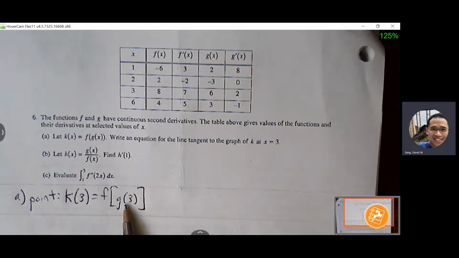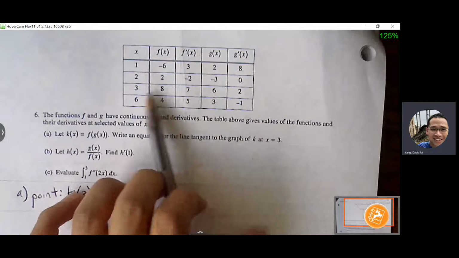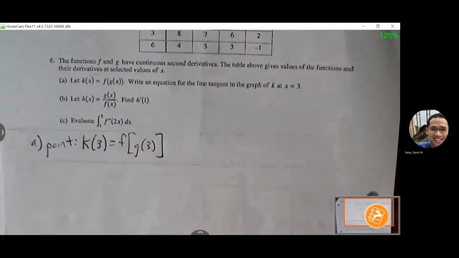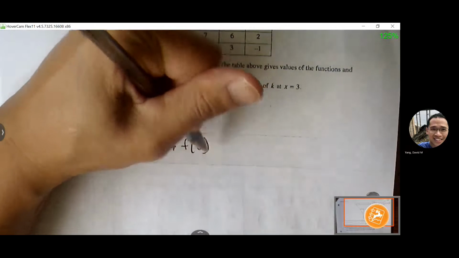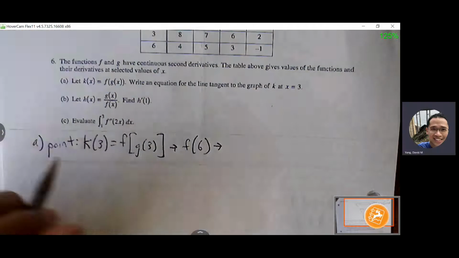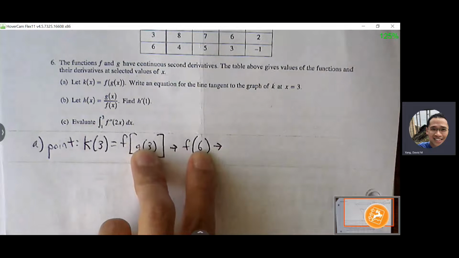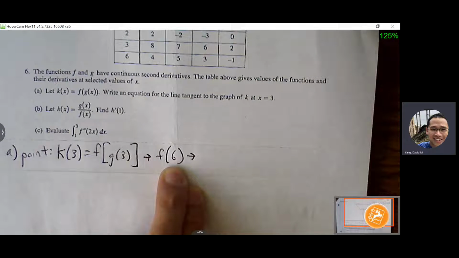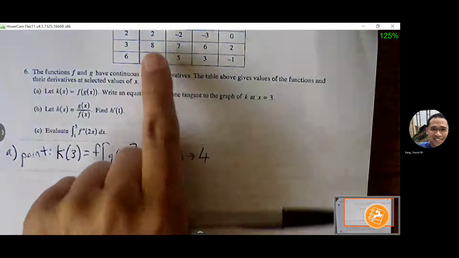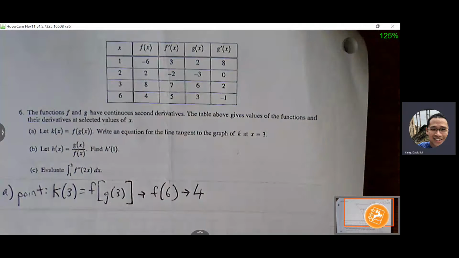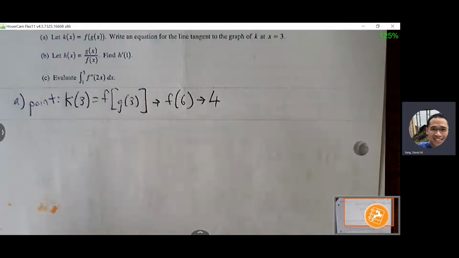Let's figure out what g of 3 is first. So g of 3 is 6. So g of 3 gets replaced with 6, and now I can evaluate f of 6, and f of 6 is equal to 4. Right, there's my ordered pair.